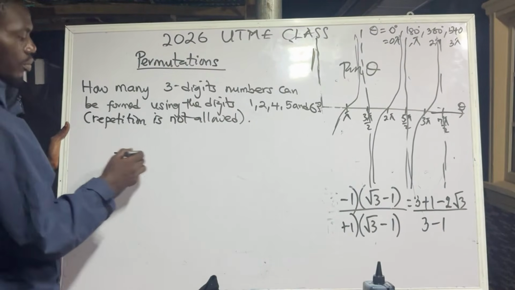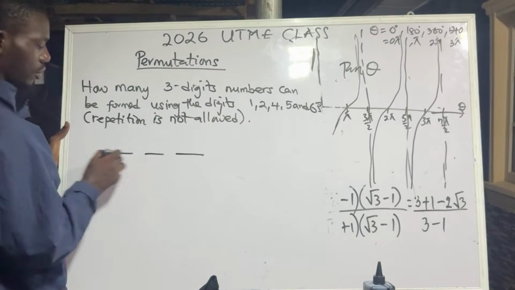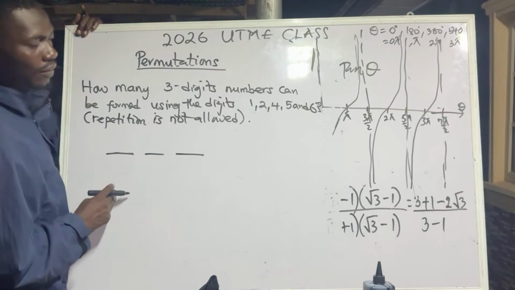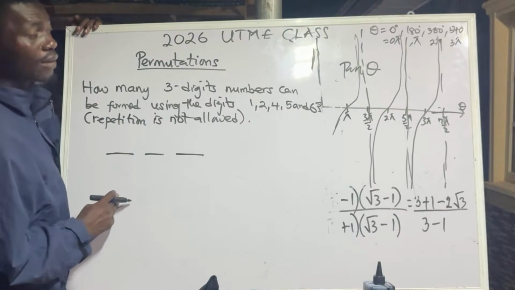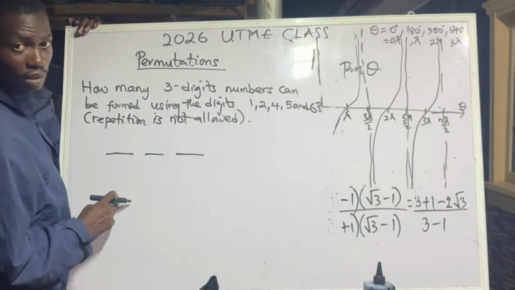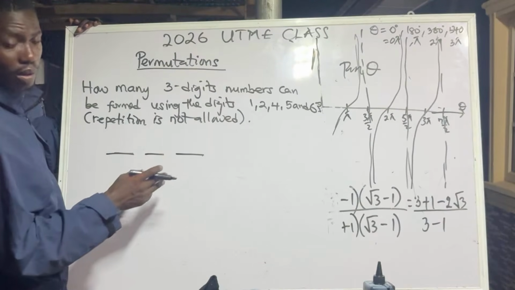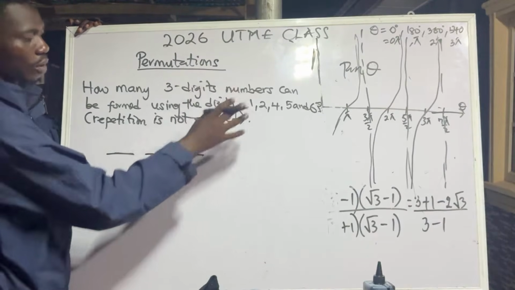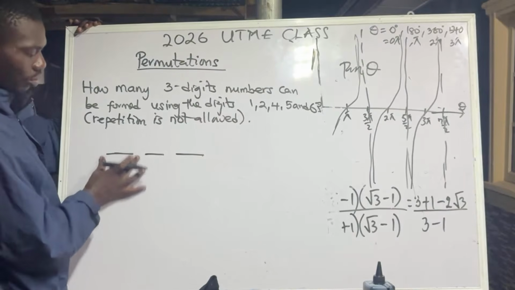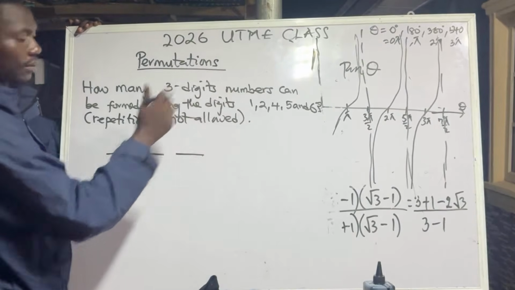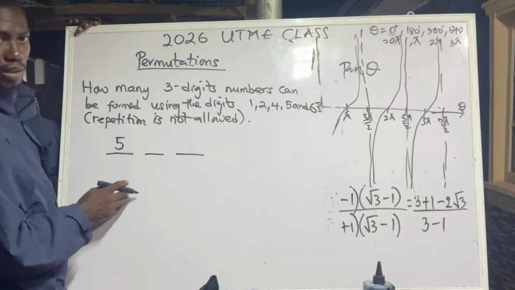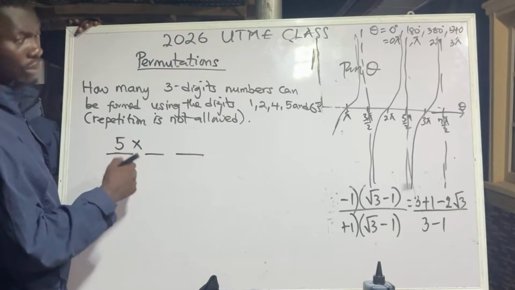Now look at what to form a 3-digit number. So we have how many options here? We have 6 options. You get that now? It's just like what I explained the other time. But here we have what? 5 options. So the first number can be any of those. Recall that there is no repetition.